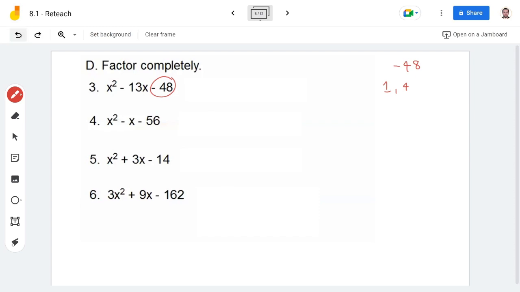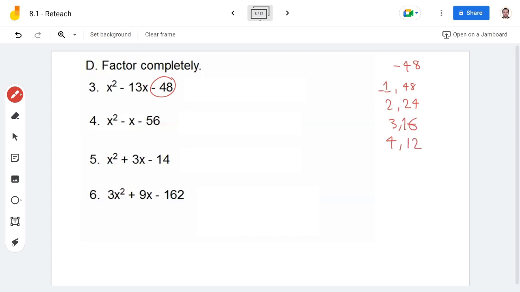Let me write them first without the sign, and then I will put the sign. Okay, so I have all of these.